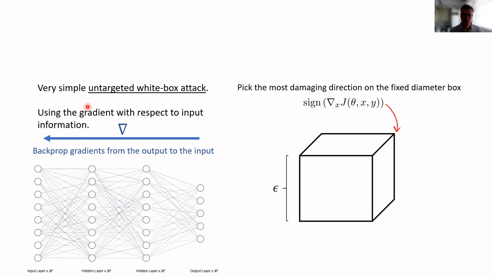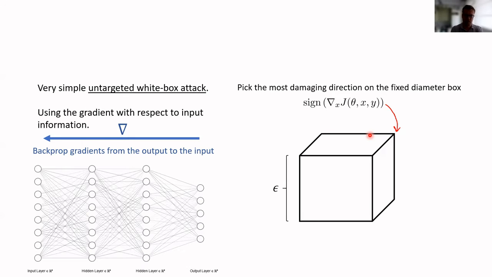You can see how devastating it can be if you, for example, just take the fast gradient sign. So you just take a sign and you pick the corner in this high dimensional cube according to the gradient sign, and then you obtain the most devastating direction, and you just add some small perturbation in that direction, and it completely destroys it.